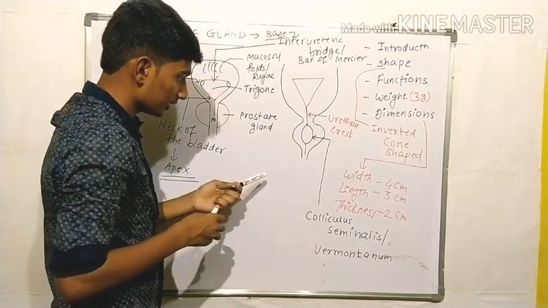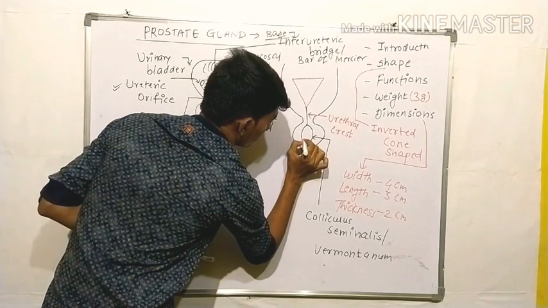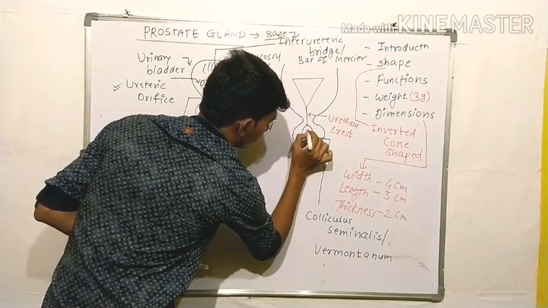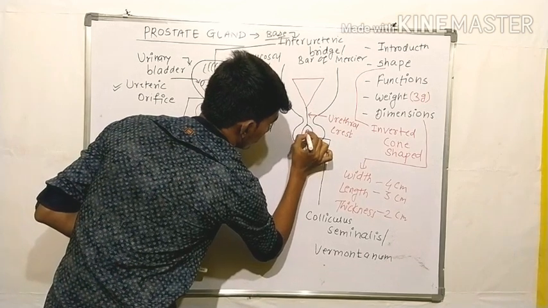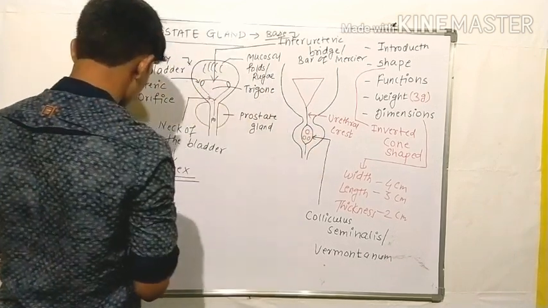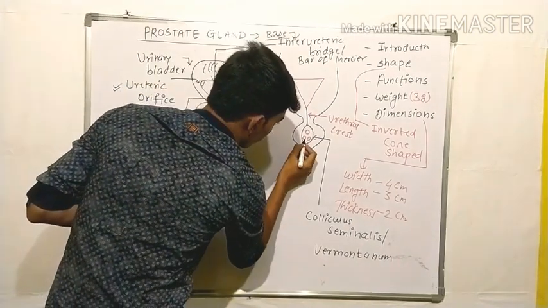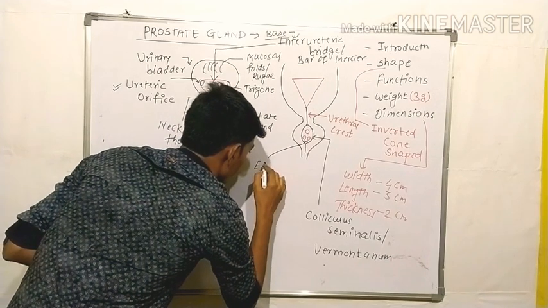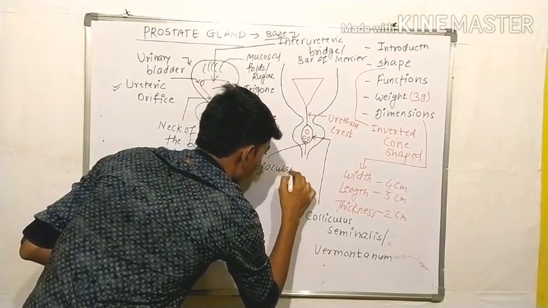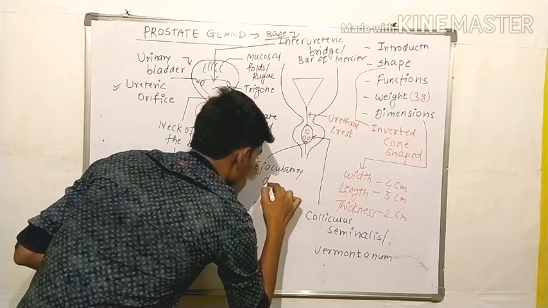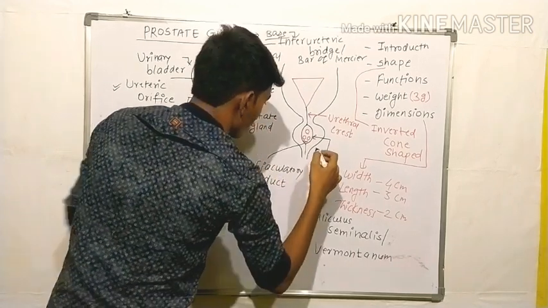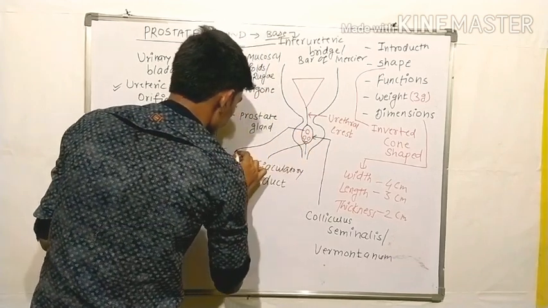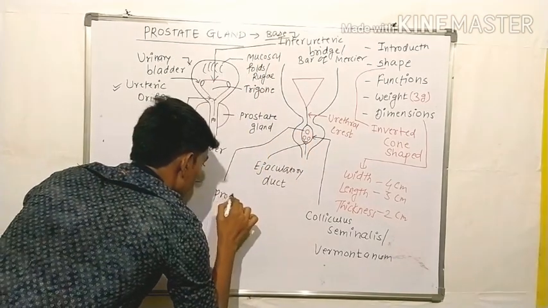This colliculus seminalis or verumontanum has 3 openings, 2 of ejaculatory duct and the third one is prostatic utricle. These 2 are of ejaculatory duct and the other is prostatic utricle.